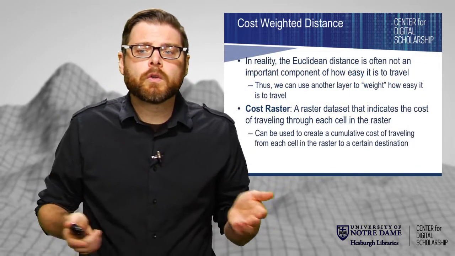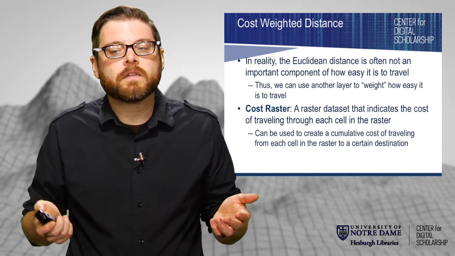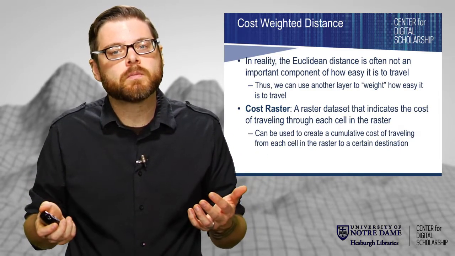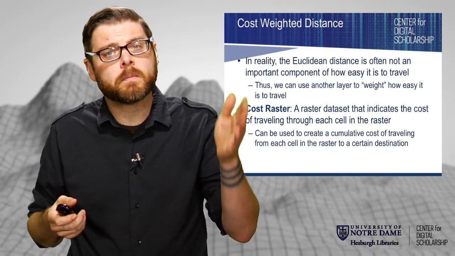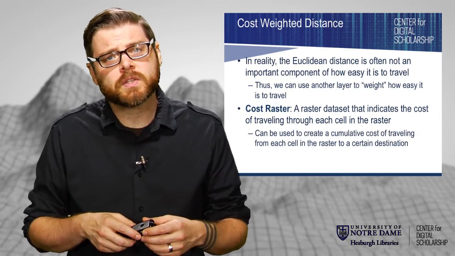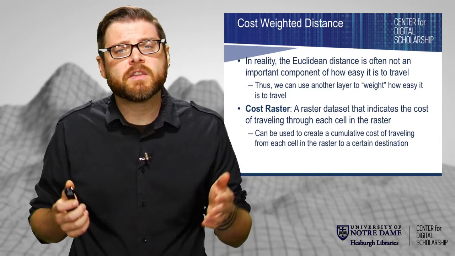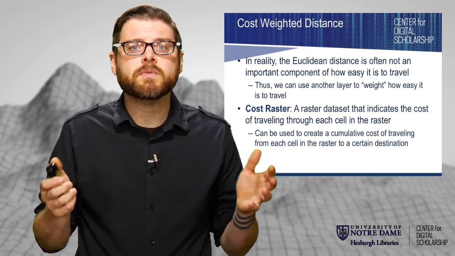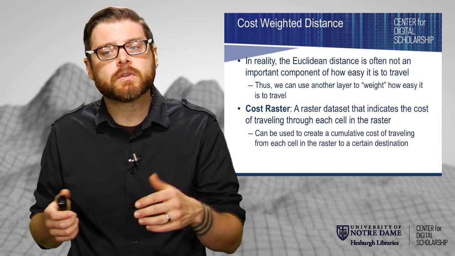Now, in the real world, Euclidean distance is not often as important as how hard it is to get between 2 places. It's very rare that we're going to be able to follow a perfectly straight line distance between 2 points. Topography is going to be bad. There might be hills. There might be buildings in the way. There might be all sorts of things. There might be shrubs that make us want to go around certain things.